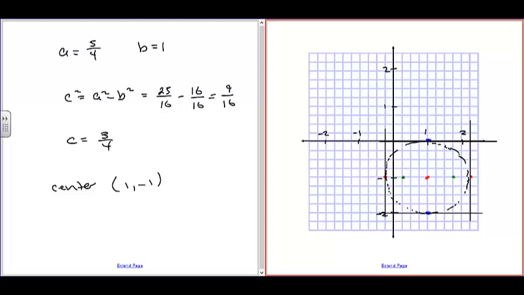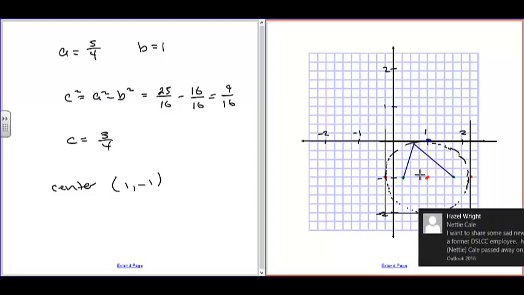And remember, the whole concept of an ellipse is that the distance from one focal point to the point on the ellipse plus the distance from there back to the other focal point is constant.